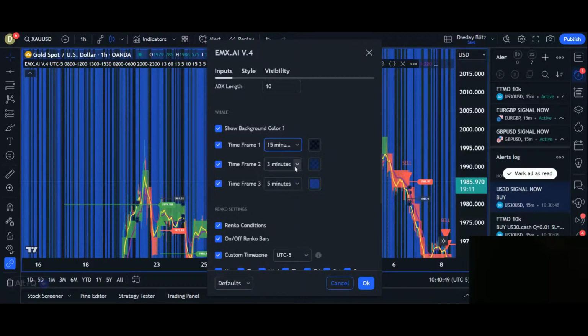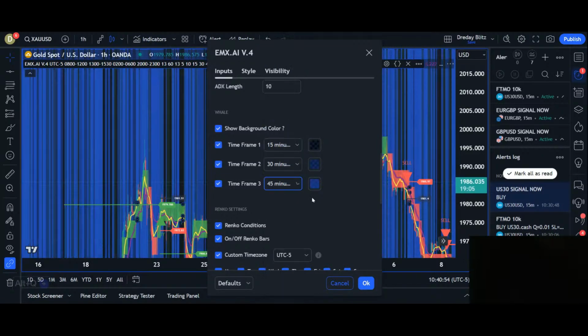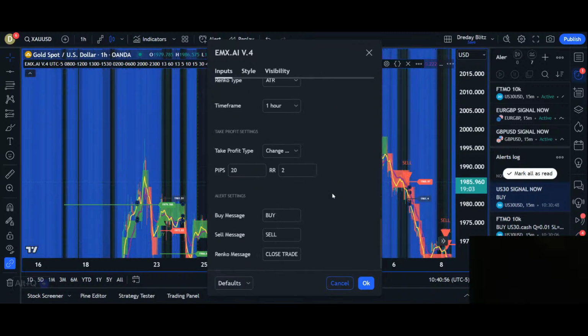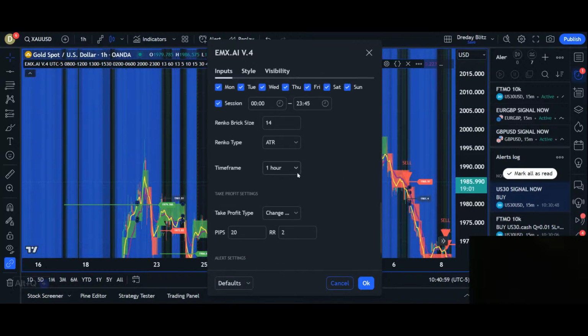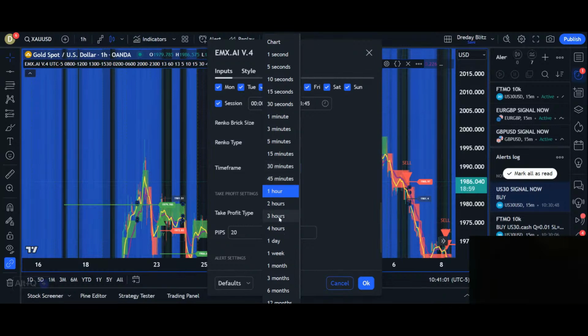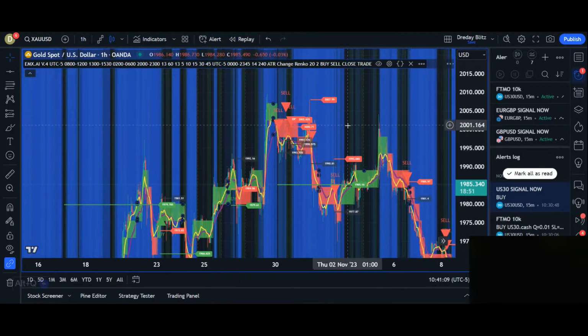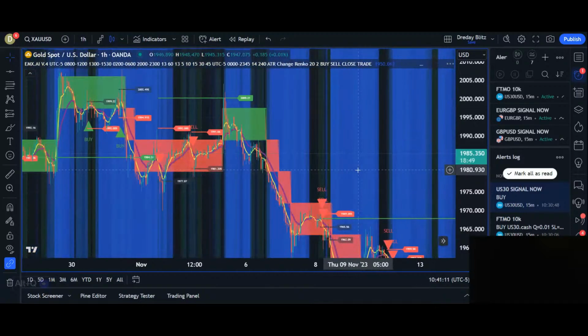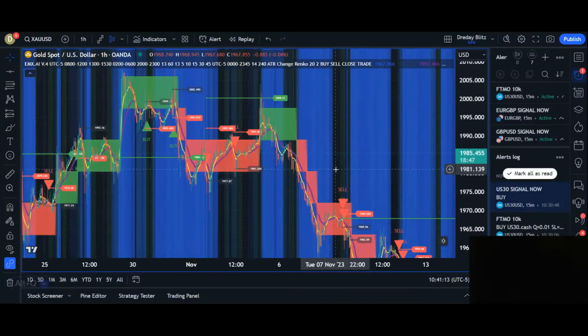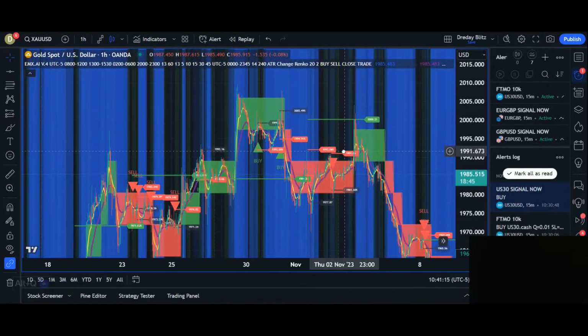So 15 minute, 30 minute, and 45 minute. And since we're trading off of the 1 hour, your Renko bar time will be the 4 hour Renko bar time. Okay. So boom. So this is the 4 hour and the 1 hour.